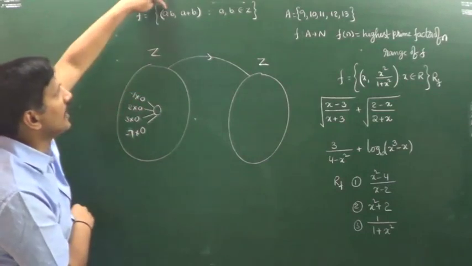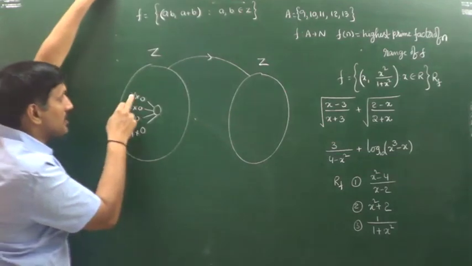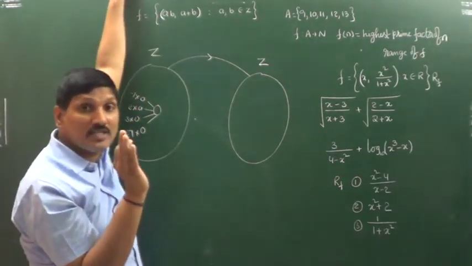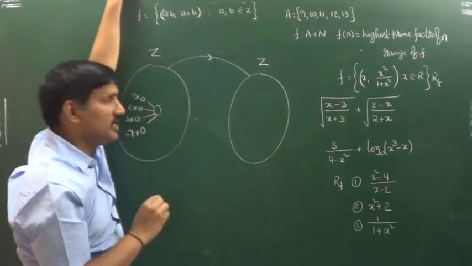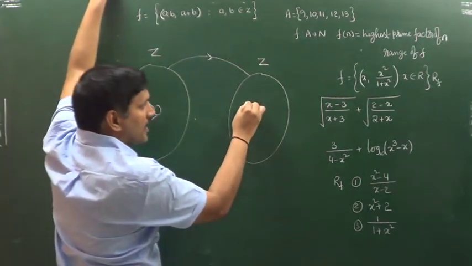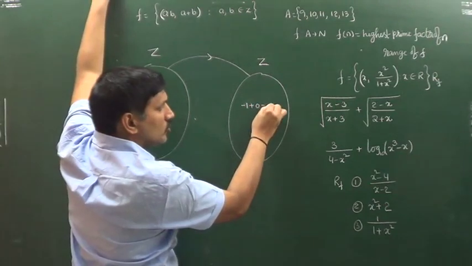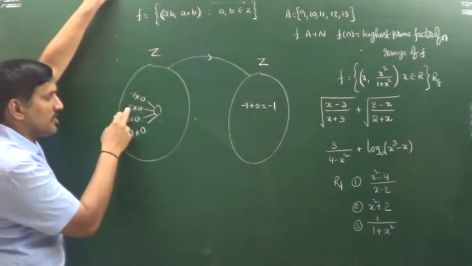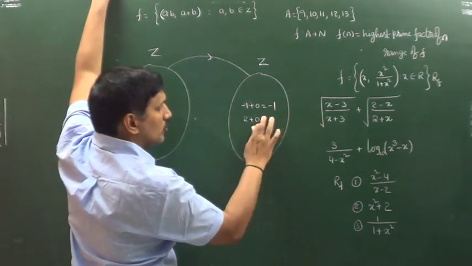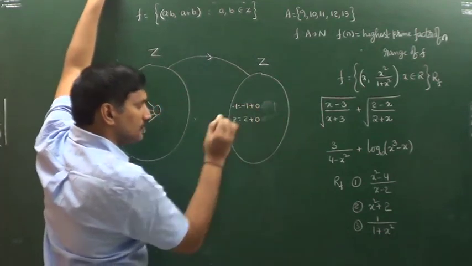Why are we taking minus 1 into 0? Here the element is a into b, and it is connected with a plus b. That's why minus 1 into 0 is connected with minus 1 plus 0, that is equal to minus 1. 2 into 0 is connected with 2 plus 0, that is 2.